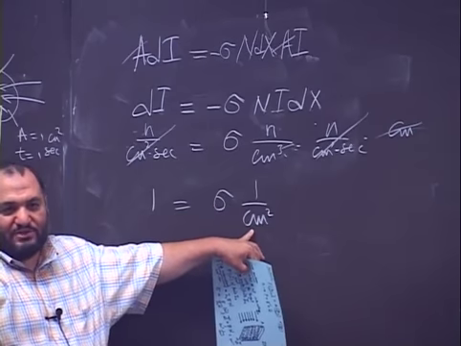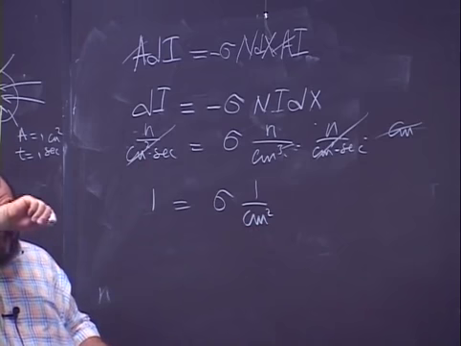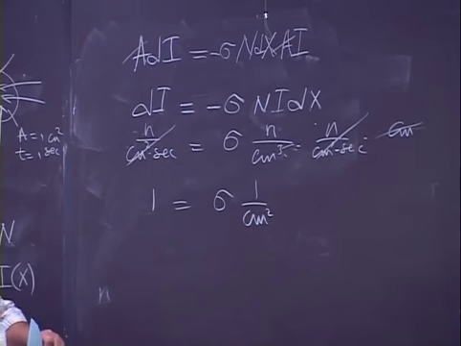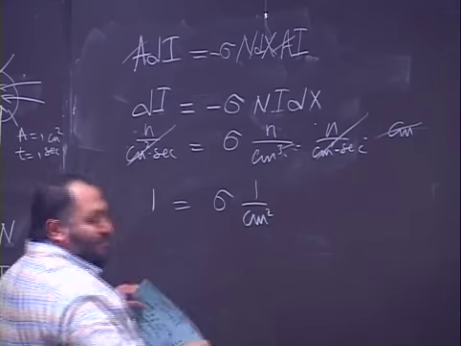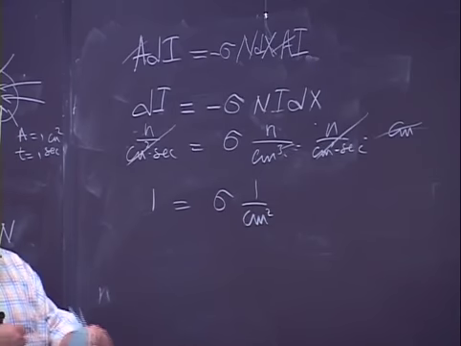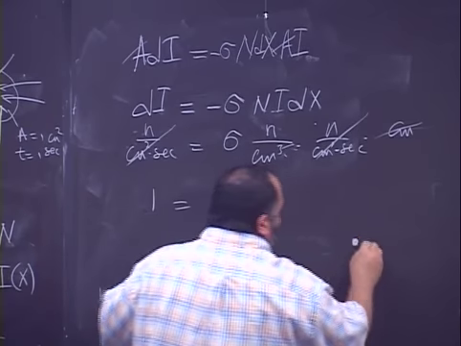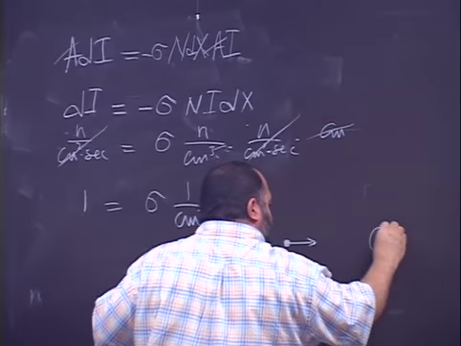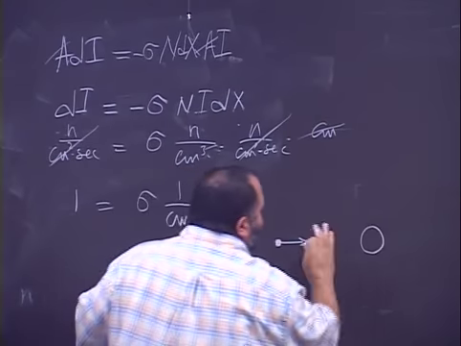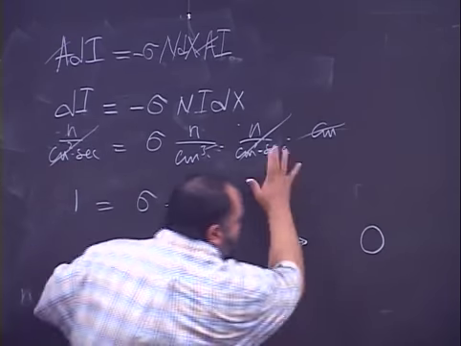Okay, so now we know that sigma has a unit of centimeter square. This is why we call it cross section. But physically, when the neutron interacts with the nucleus, for the billiard ball collision, you will notice that the neutron is coming to the target, and this is the target nucleus. So the neutron will see a two-dimensional object like a cross section.